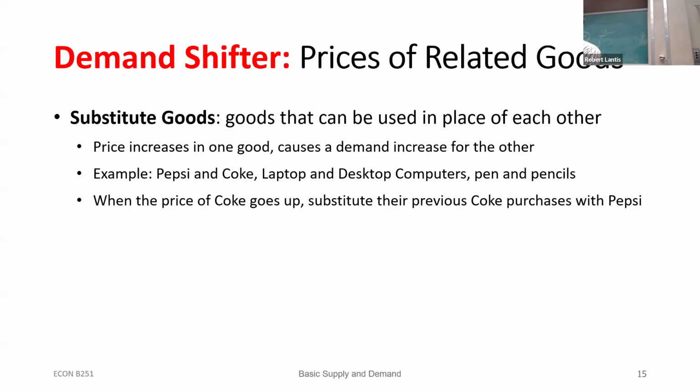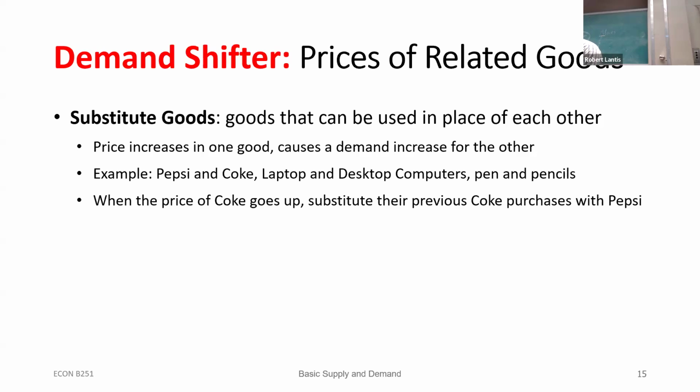But if price comes down, well, that's a different market, right? If I'm interested in the market for Coke, and Pepsi lowered their prices, what's going to happen to the demand curve for Coke?